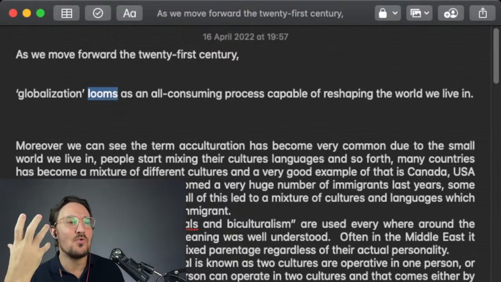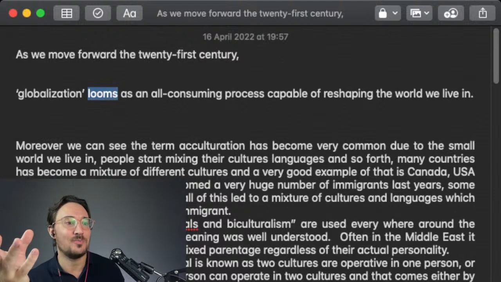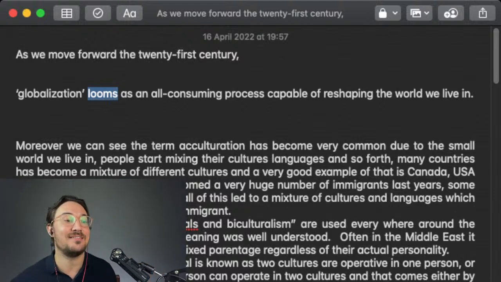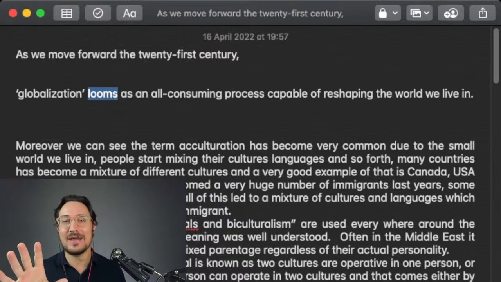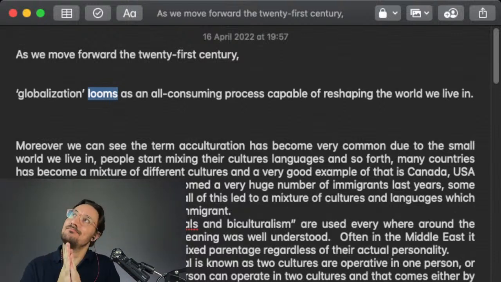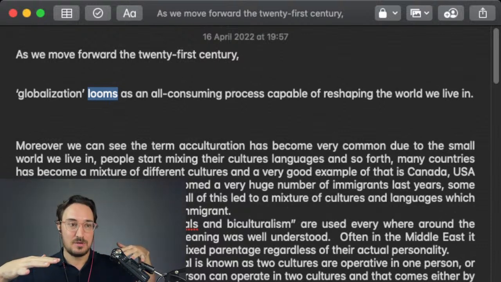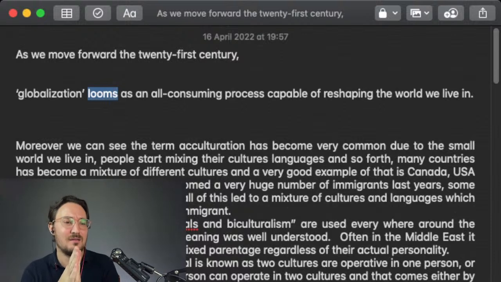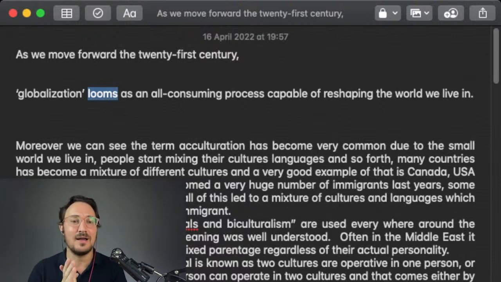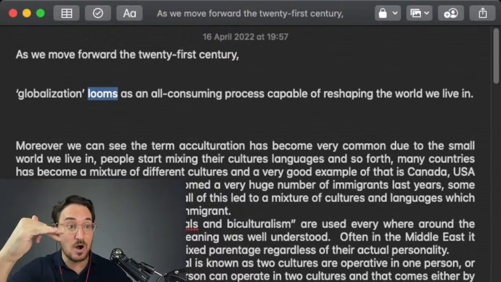So you've already established, just by using the word looms, that you have a kind of anti-globalization position, but that's not actually very academic. To be academic, you've got to be a little bit more even. Okay, dispassionate. Don't pick a side. If you do pick a side, it should be at the end when you make your argument.